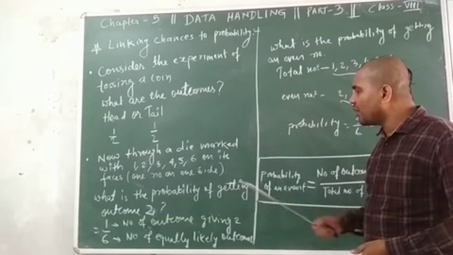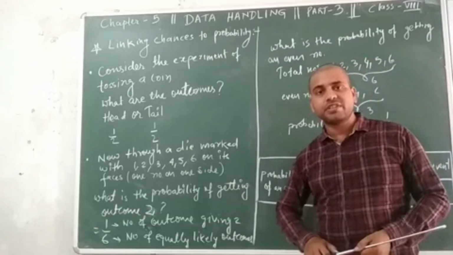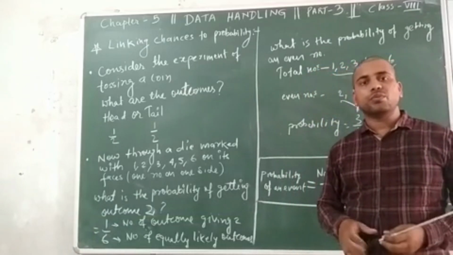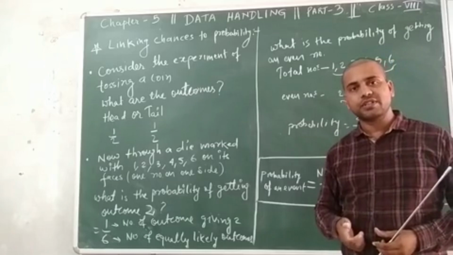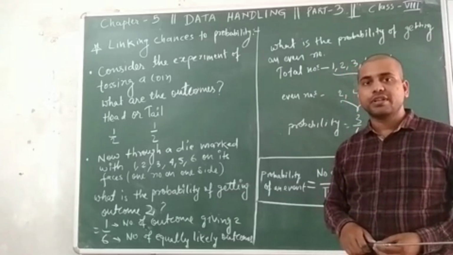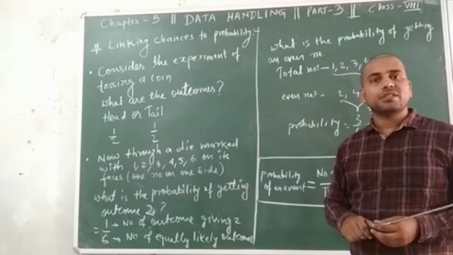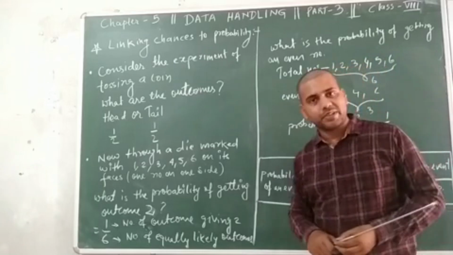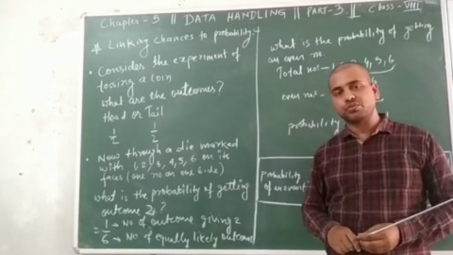What is the probability of getting outcome 2? So 1 may come, 2 may come, 3, 4, 5, 6. And we are asking the probability of getting 2. So there are total 6 different possibilities, and out of that we are talking about 2.